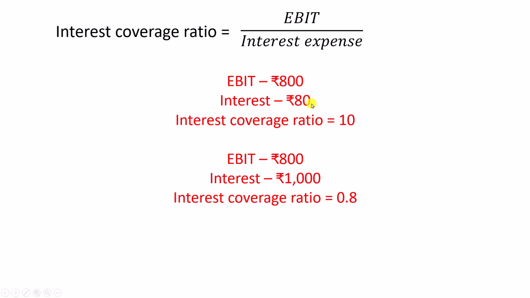The interest coverage ratio shows us the capacity of the company to repay the loan. It tells us how much capacity the company has to repay the loan. Now tell me, can't a company take a loan if it has the capacity to repay it?